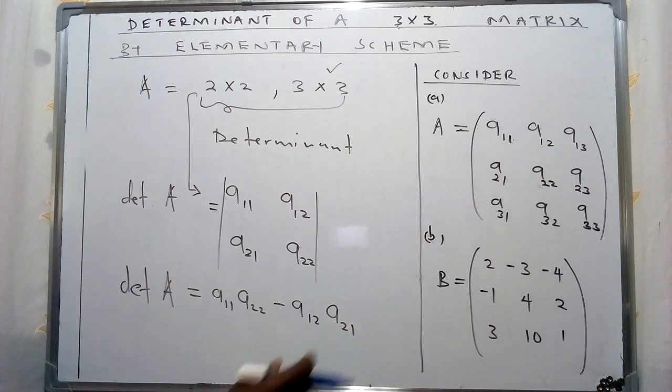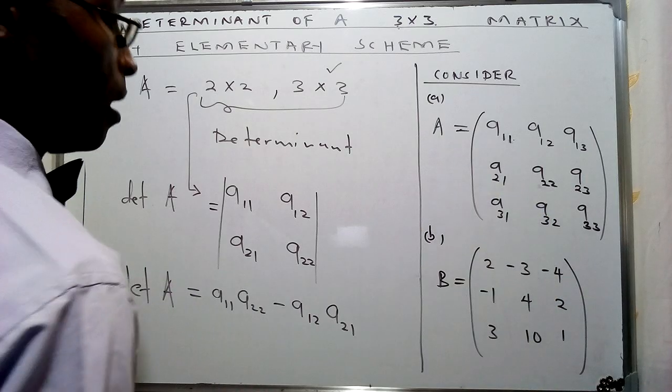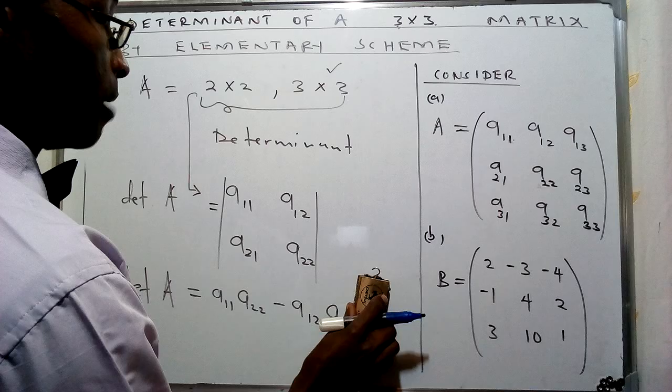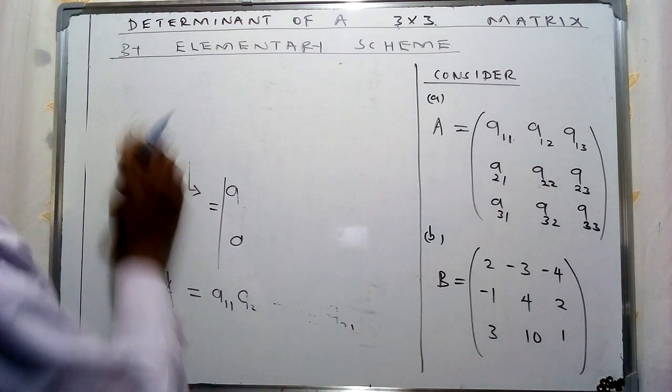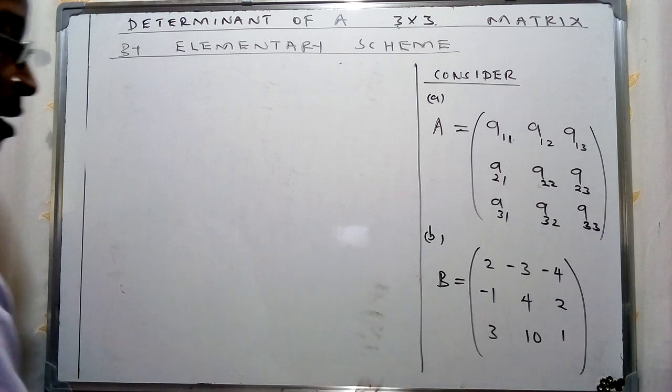If we look at this case for the elementary scheme, we're going to consider a 3 by 3 matrix and perform a rearrangement of it to see how we obtain the set of values that give us the determinant.